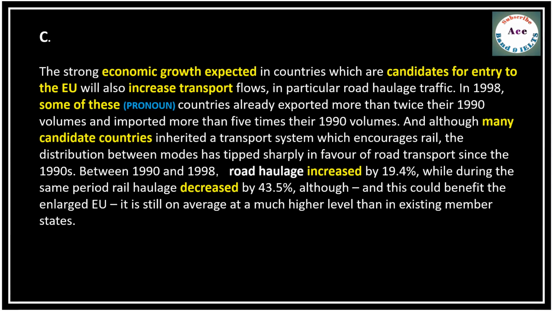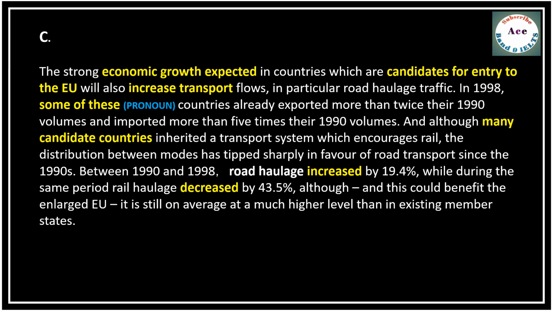Now, let us read para C. The keywords in the first sentence are economic growth expected and candidates for entry to the EU. So these keywords are further repeated. In the second sentence, it says, in 1998, some of these countries.